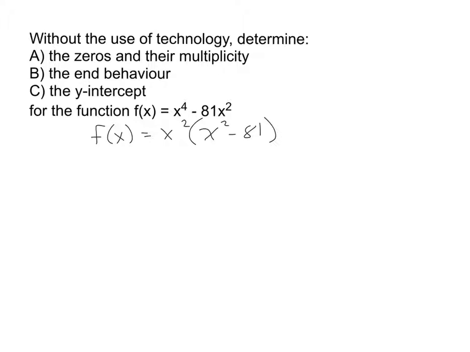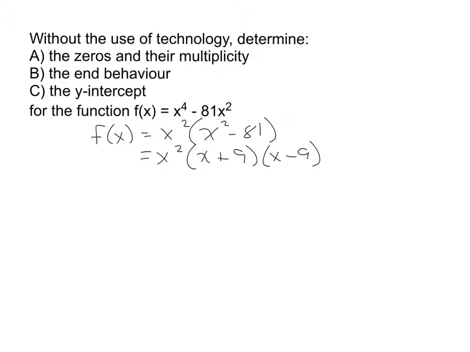It's actually a special quadratic. What is it? A difference of squares. So it factors to x plus 9 and x minus 9. Or you're looking for two numbers that multiply to negative 81 and add to 0, and those are 9 and negative 9.